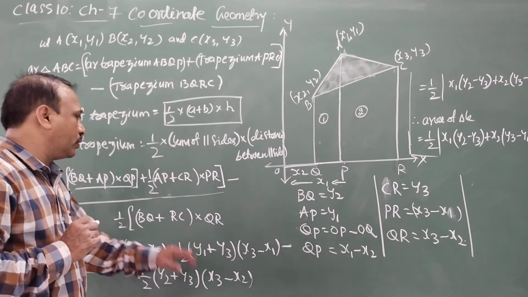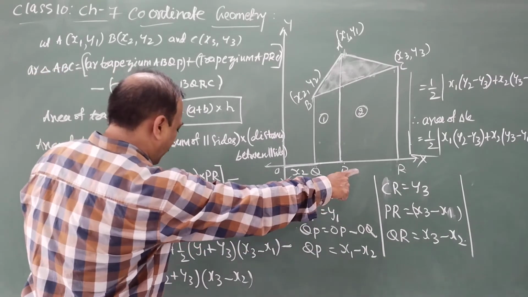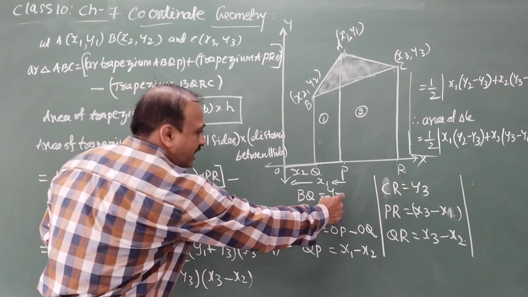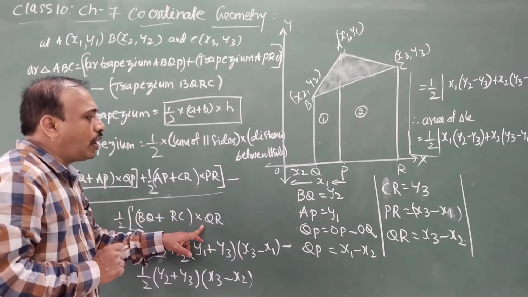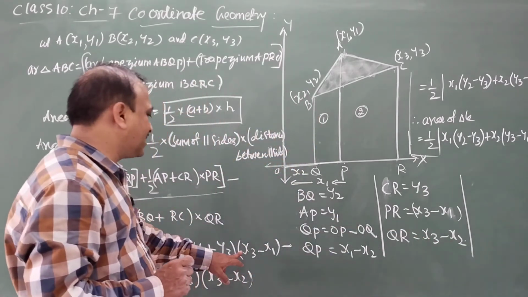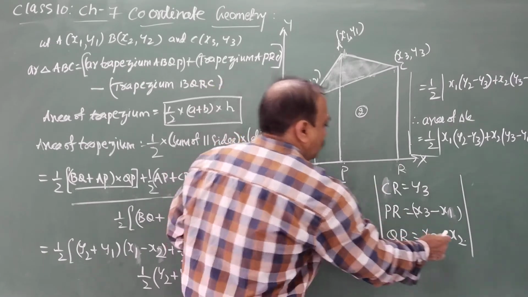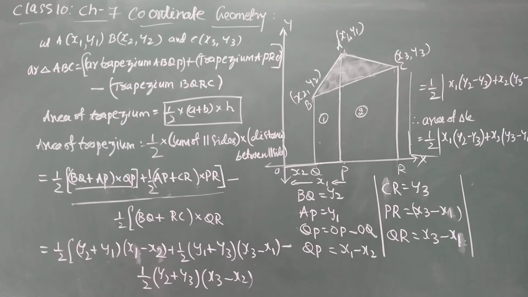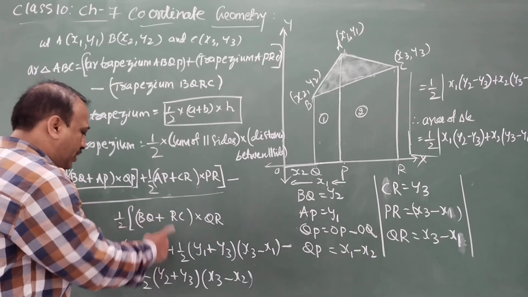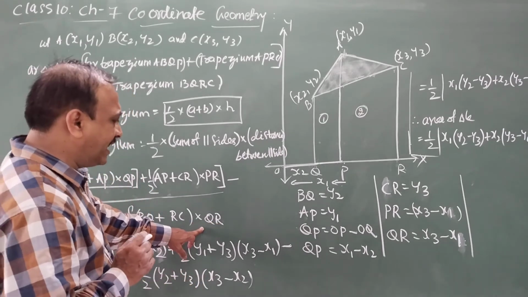Plus 1 by 2 into (AP plus CR), where CR is y3 and AP is y1, so y1 plus y3, and PR is x3 minus x1.